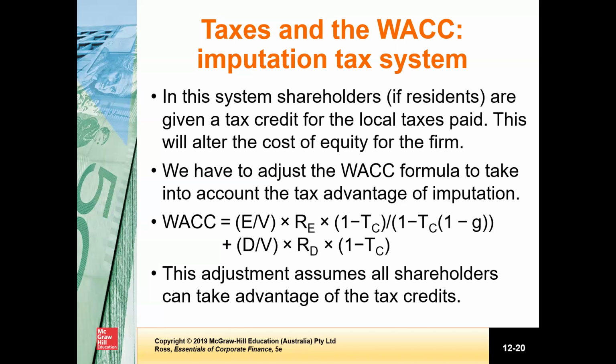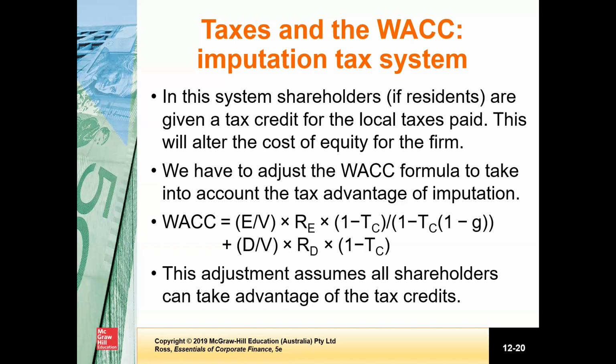Therefore, the dividend is actually worth more to a resident shareholder because of the franking credit, and that has been ignored in our calculation of cost of equity earlier. So in order to adjust for this, the required rate of return on equity has to be reduced by the value of the company tax. Since shareholders' dividends increase, the cost of equity should decrease by the taxes.